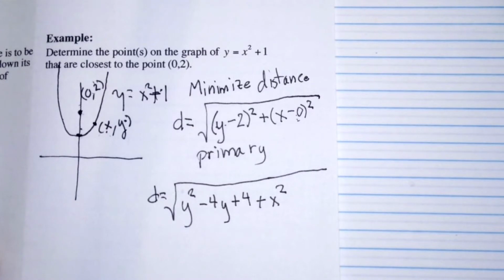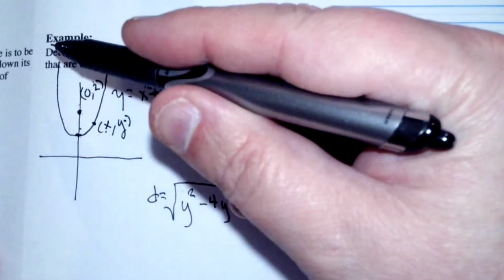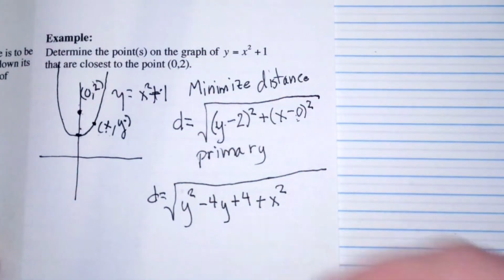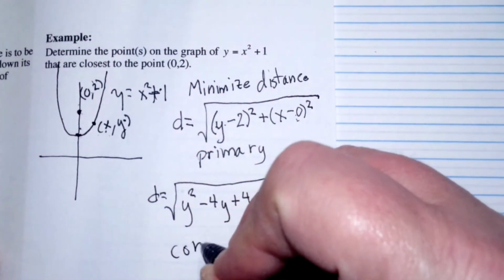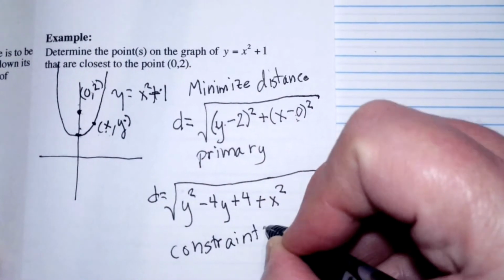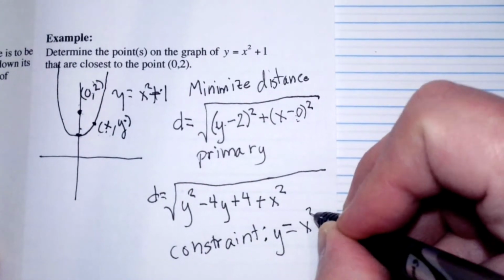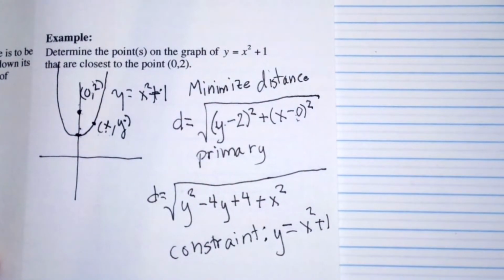We need a constraint. Is there anything that restricts our choice of x and y? The fact that it lies on this parabola is a big constraint. And so our constraint equation would be that y equals x squared plus 1.